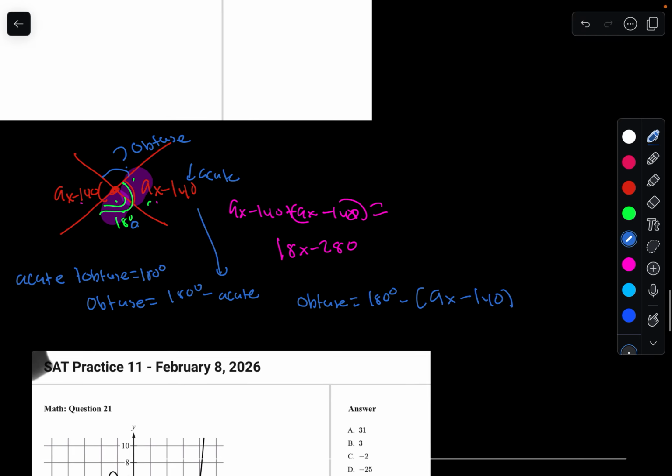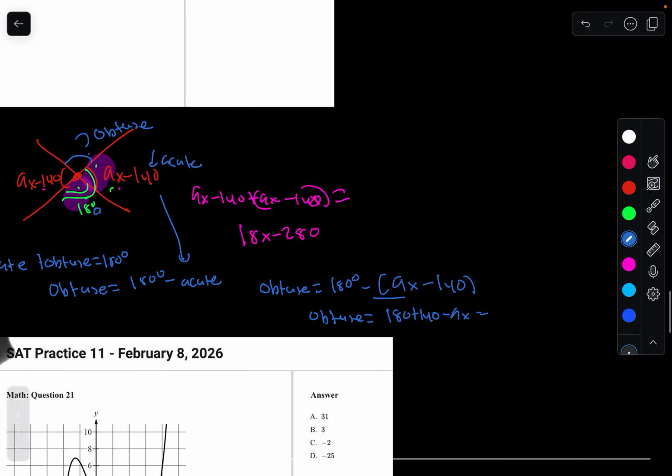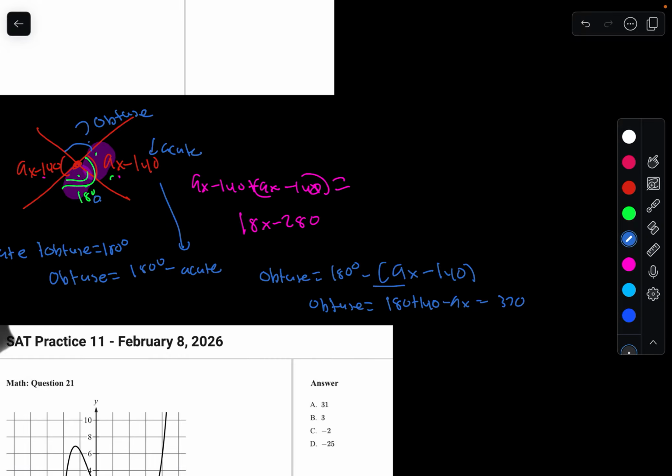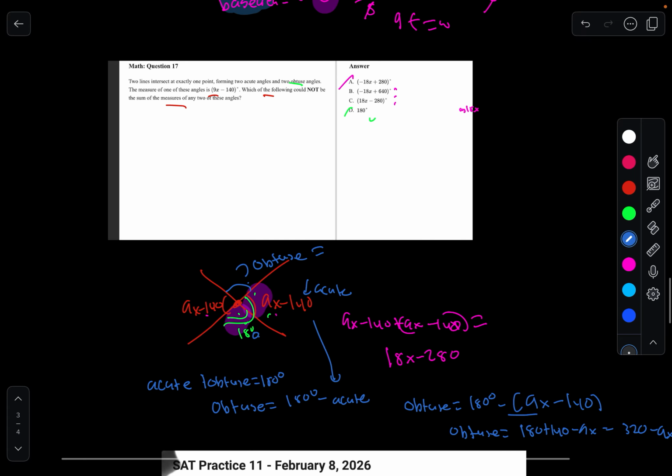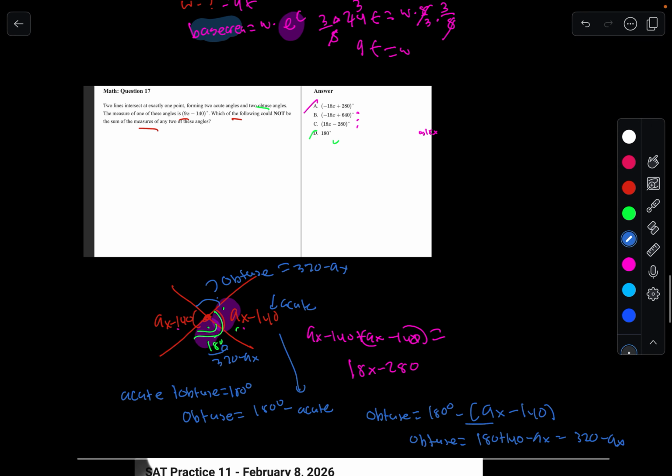Okay. So we get obtuse is equal to 180 plus 140, since there's two negatives, and then minus 9x. And that's equal to 320 minus 9x. So let's put that right here, 320 minus 9x. And now let's add those two angles up.